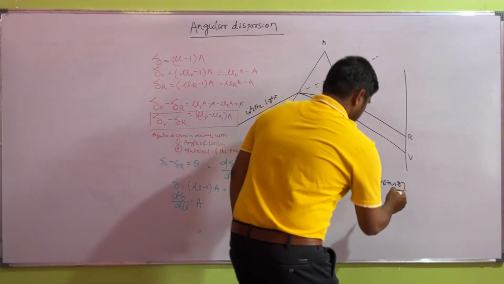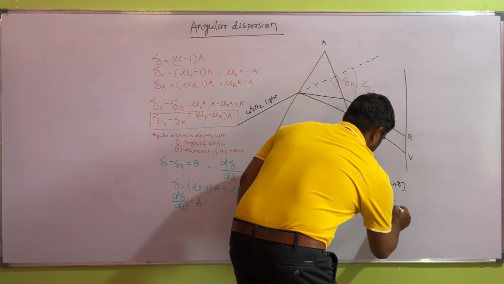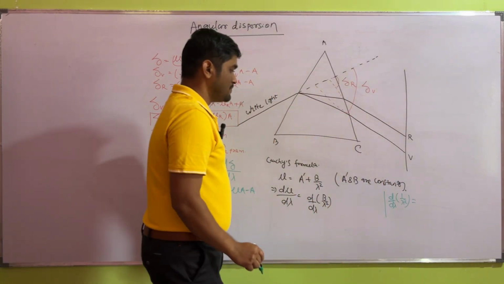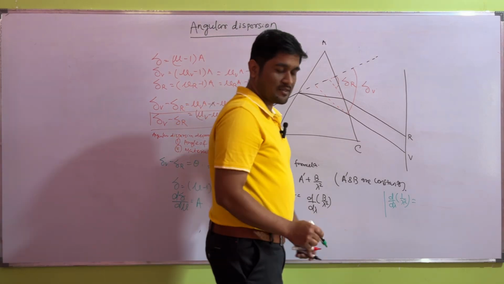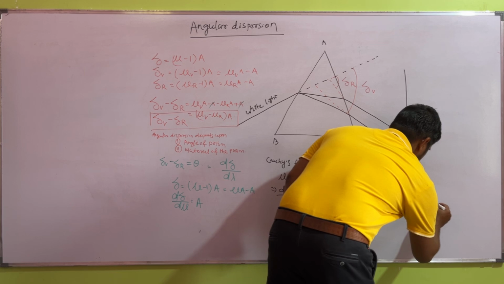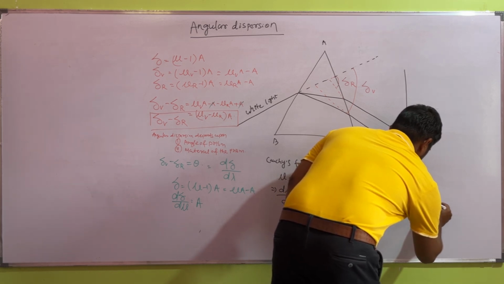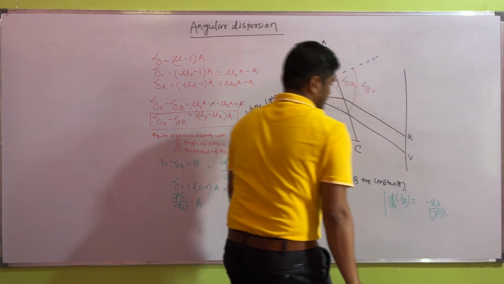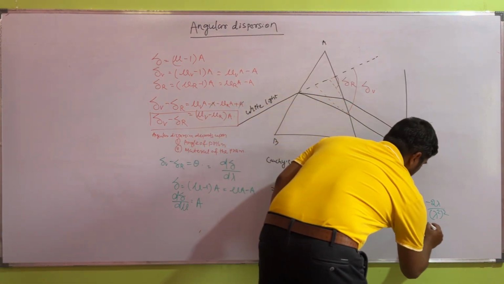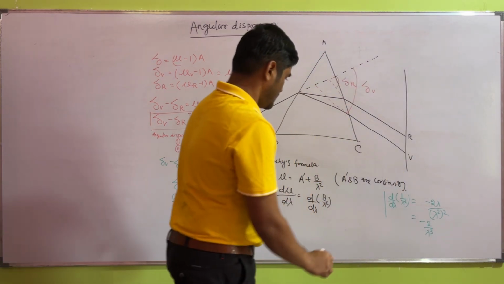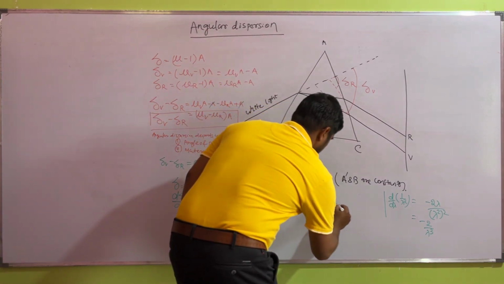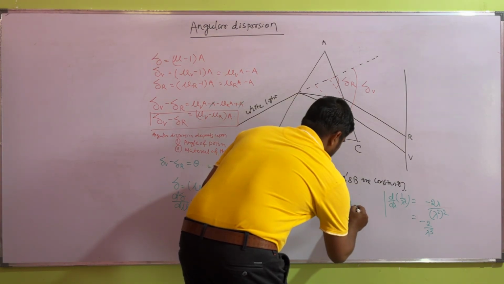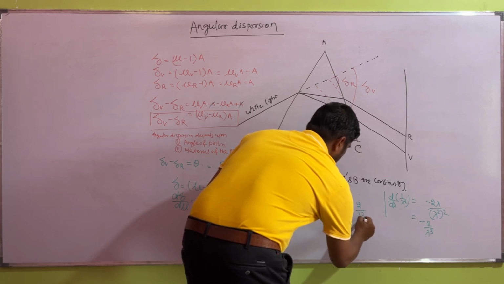The formula is minus 2 lambda divided by lambda square squared, so that will be minus 2 divided by lambda cube. So d mu by d lambda is minus B into 2 divided by lambda cube.